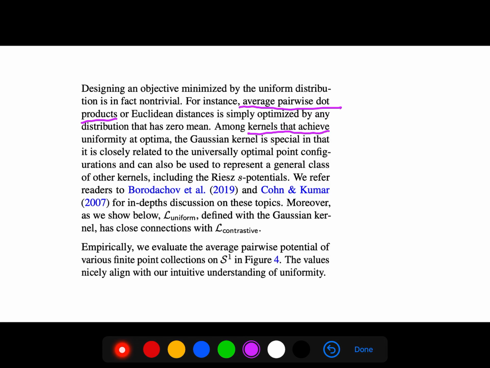Among kernels that achieve uniformity at optima, the Gaussian kernel is special in that it is closely related to universally optimal point configurations, and can also be used to represent a general class of other kernels, including the Riesz s-potential that I've explained in a different video about Riesz potentials.